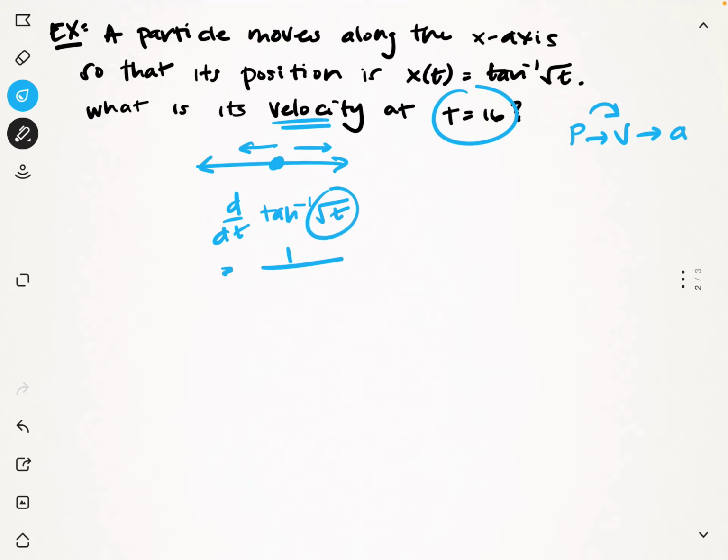So we have this as our inside function again, so we have square root t squared plus 1. And then we have to make sure we do the derivative. The derivative of that, like we ended off with last time, is the same thing as t to the 1/2 power. So the derivative with respect to t would be 1 over 2 square root t.